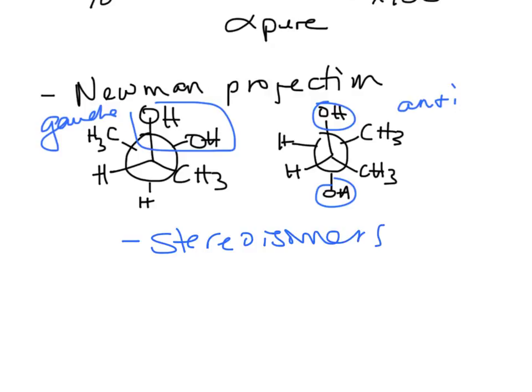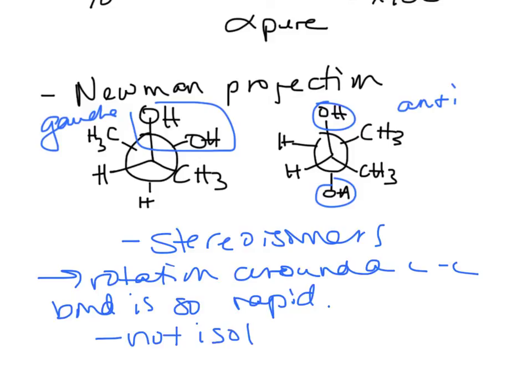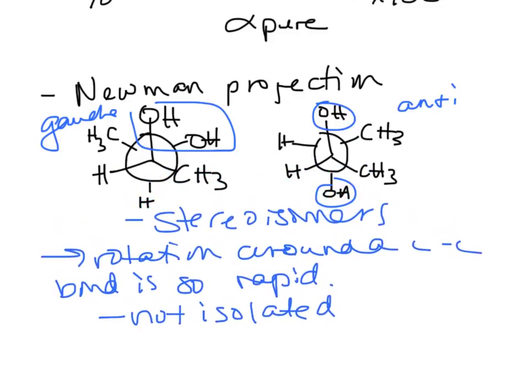However, because rotation around a C-C bond is so rapid, they are not isolatable. You can't isolate one isomer from another. The other thing that you need to realize is that there's no stereochemistry here.